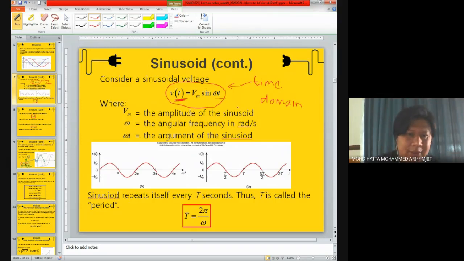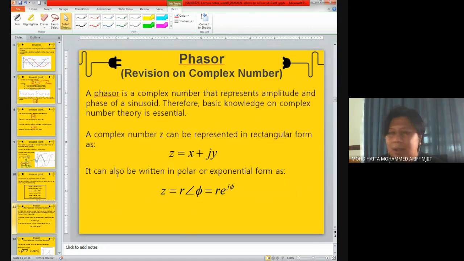The phasor that you see in the next few slides is where we write this time domain equation in terms of amplitude and angle of the sinusoid.